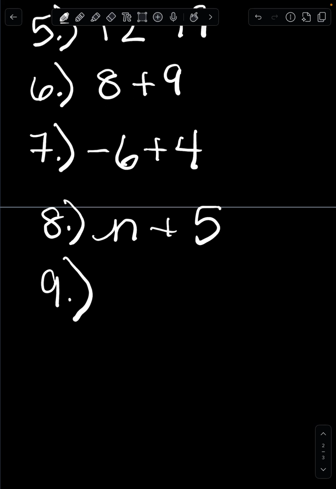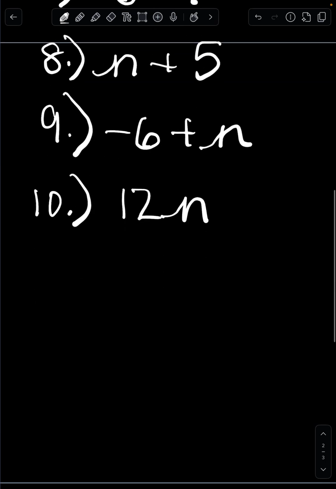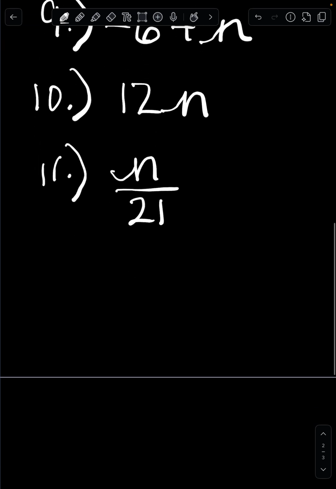Number 9, negative 6 plus a number. Negative 6 plus n. Number 10, 12 multiplied by a number. 12n. Number 11, the quotient of a number and 21. Quotient means division. So you're dividing a number and 21.